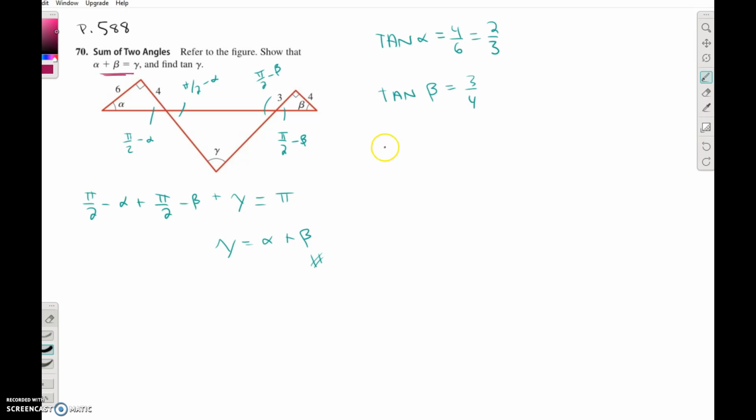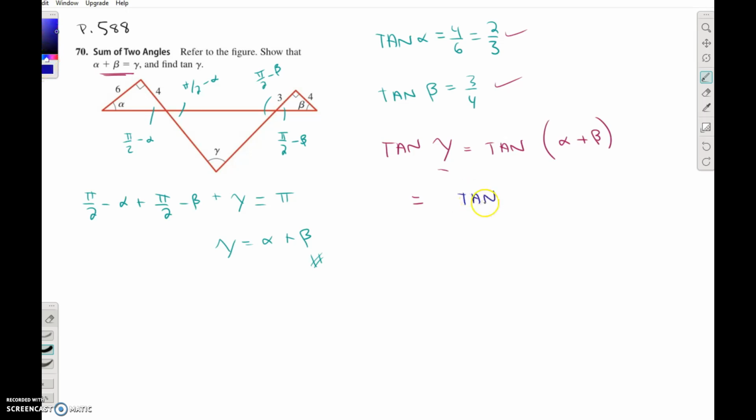Now I'm supposed to find the tangent of gamma. Well, the tangent of gamma is the same as the tangent of alpha plus beta, because gamma is equal to alpha plus beta. If I know the tangent of alpha and the tangent of beta, I could rewrite this using our identity.